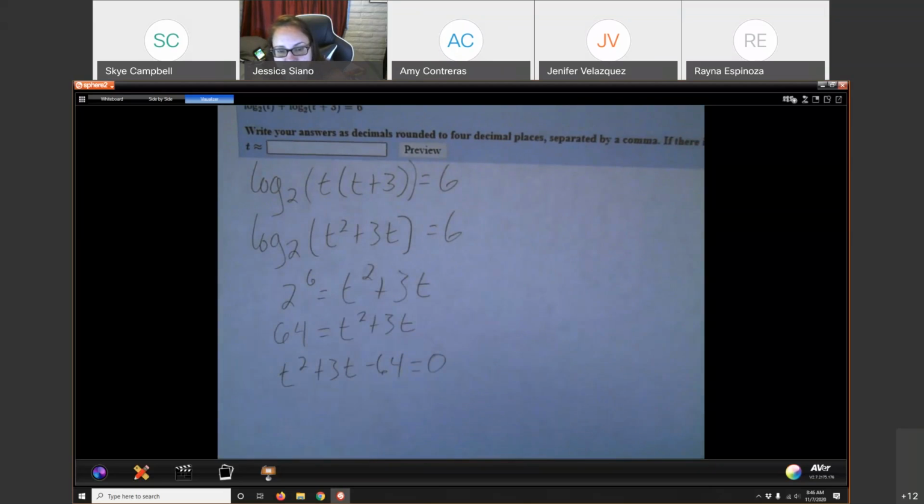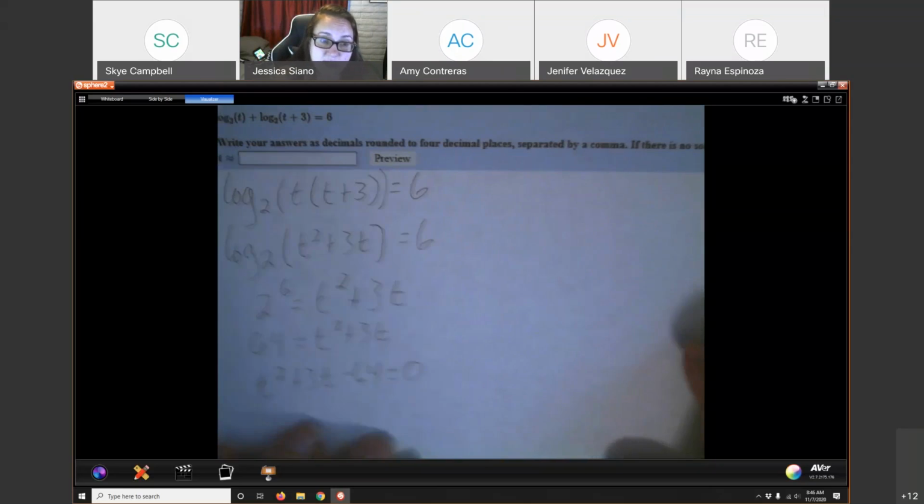Okay? Now, are there 2 numbers that multiply to a negative 64 and add to 3? 2 and 32, 4 and 16, no 5, no 6, no 7, 8 and 8, no. So when they don't factor, let's do the quadratic formula.